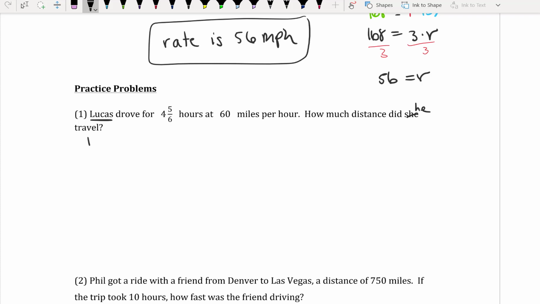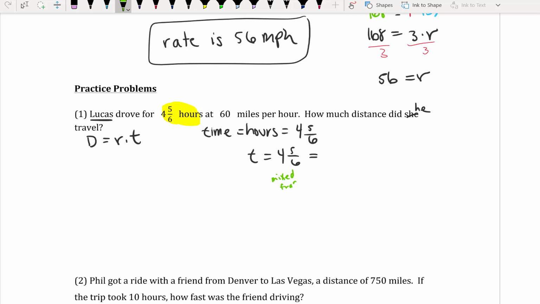So we have that distance is equal to rate times time. So I have my amount of hours. That gives me my time. So I know that my t is equal to 4 and 5/6. And if I wanted to change it to an improper fraction, so right now this is a mixed fraction, we can definitely change this into an improper fraction.